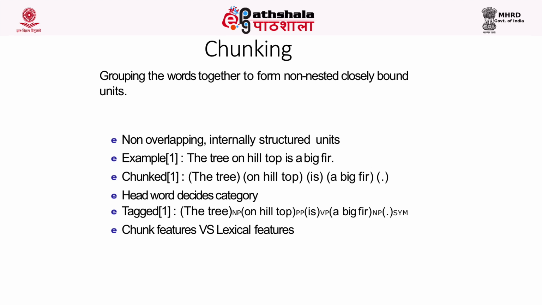On hilltop, top again is the head, or one can take on as the head, and therefore it's a PP. Is is a verb. A big fir, fir is the head, and therefore it's an NP. So the tree is an NP, on hilltop is a PP, is is a VP, a big fir is an NP, and one also chunks the punctuation, and therefore one has a chunk for that as well.